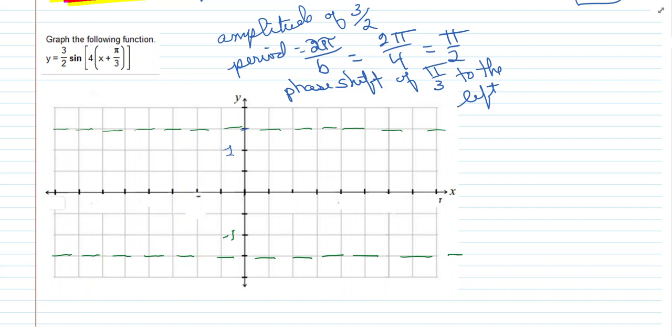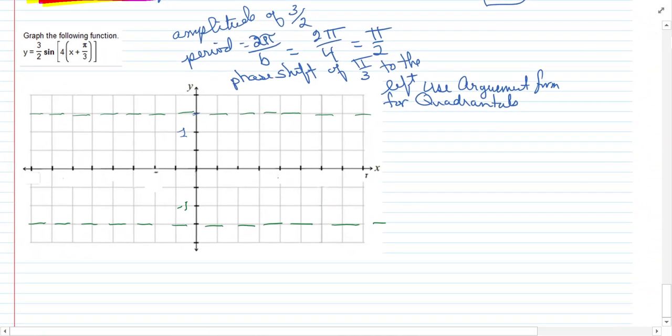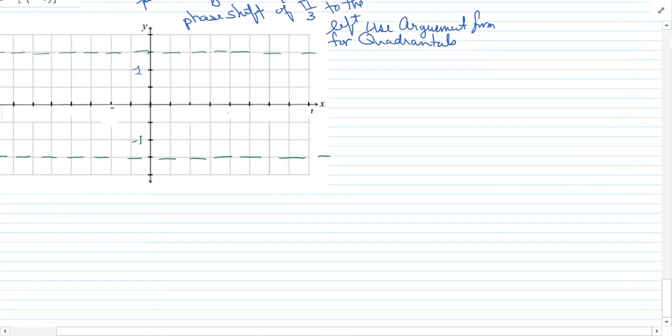So we've got a multiplier for the division, it's going to be an interesting number. So rather than deal with the phase shift, I am going to use our argument form for quadrantals. All right. So let me shrink this a little bit, and we're going to get to work here.